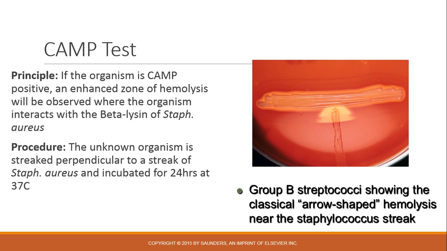Then we take a little bit of our unknown organism that we think might be group B strep, and we streak it perpendicular to that line. You don't want to touch, you just want to get very close to it. Then you incubate it for 24 hours and you pull it out and you want to see this arrowhead shape of enhanced hemolysis. Where these two types of beta hemolysins come together, we see an enhanced zone. So you can call that group B strep.